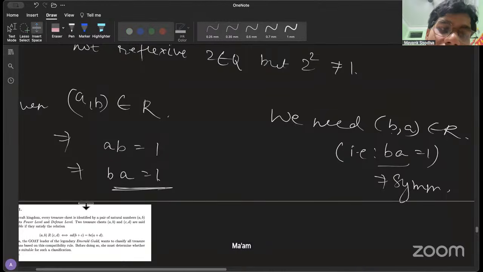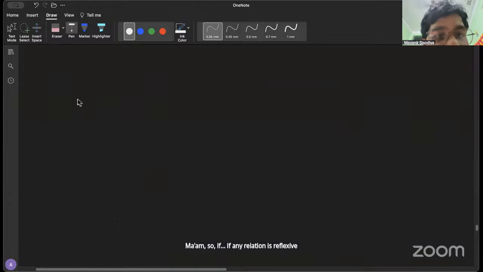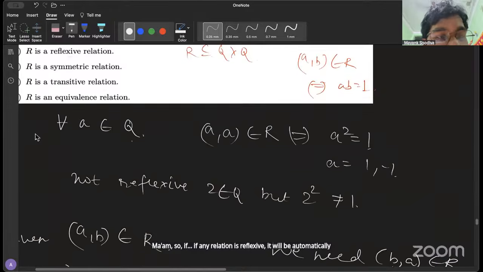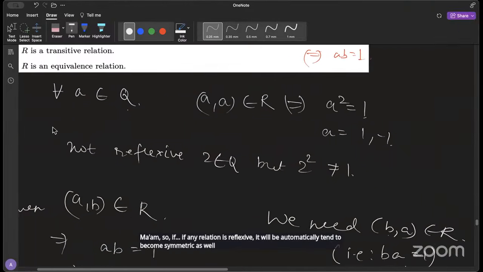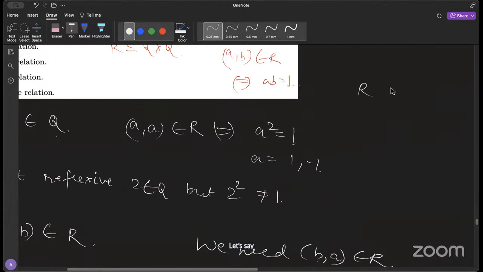Ma'am, if any relation is reflexive, will it automatically become symmetric as well? No. A reflexive relation, let's say you have relation R defined on set A, means for every element A belonging to the set, I want (A, A) to be in this relation.